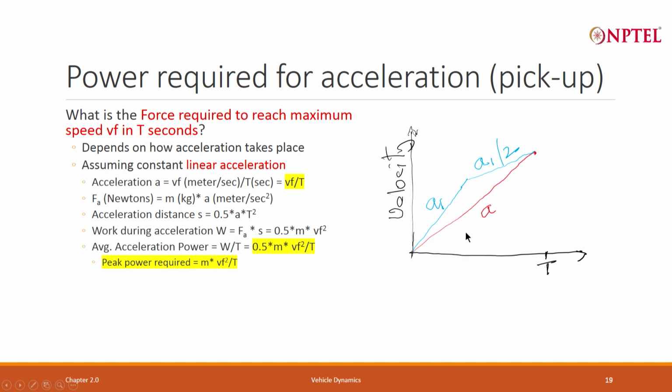One is constant acceleration, where you reach a certain velocity in a certain time t, which is called pickup. Another is where you accelerate more in the beginning and less later on. The main advantage of accelerating more in the beginning is that the velocity is less at that time, so the power consumed is less.